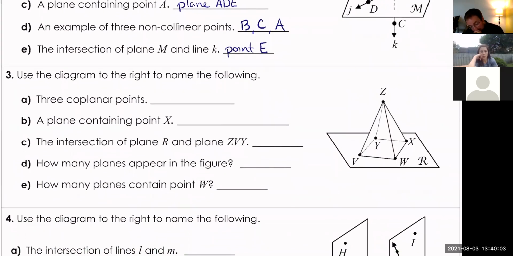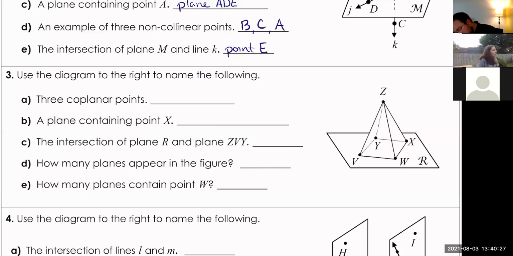Third diagram. Use the diagram to identify the following. So 3 coplanar points. BWR. ZW, careful, R is the name of the plane. It's not a point. Logan, what did you say? BWX.